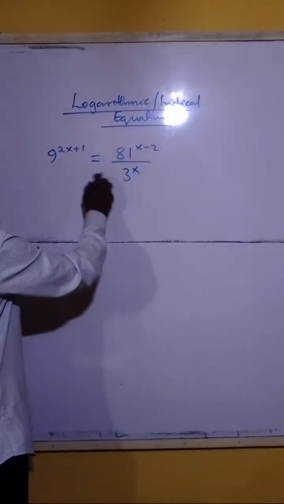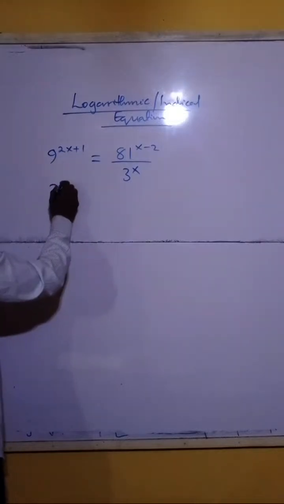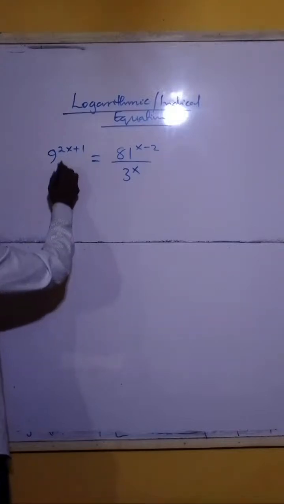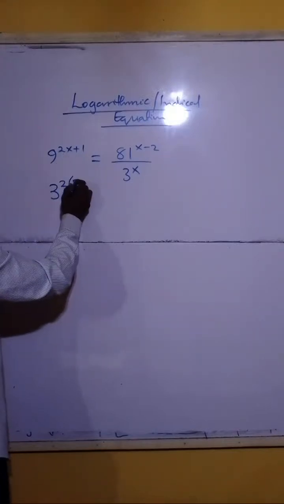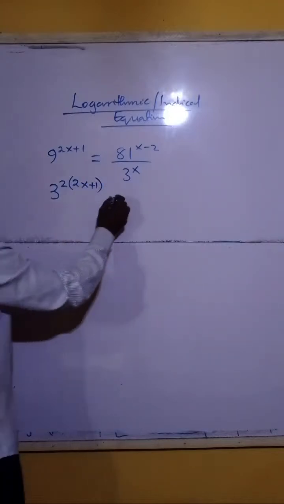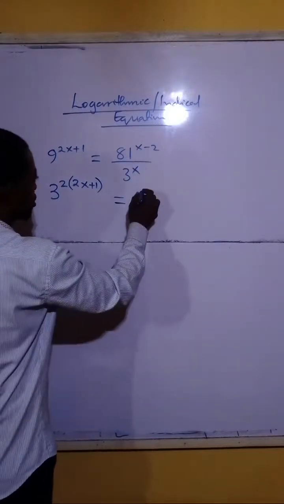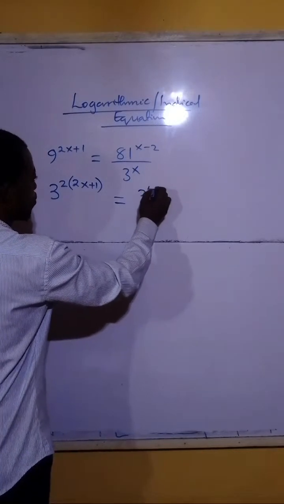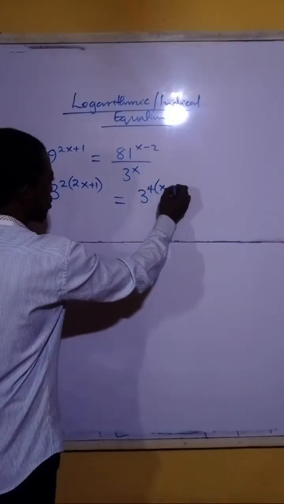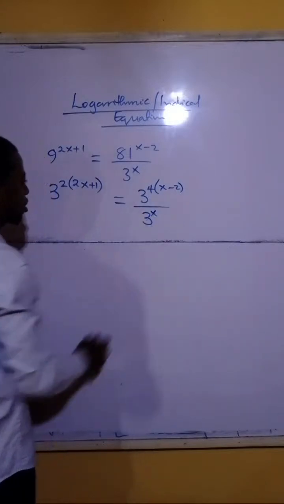The least base here will be base 3. So we can change 9 to 3 squared, which is raised to power 2x plus 1, and equals 81, which we can write as 3 raised to power 4, then into bracket x minus 2, then over 3 raised to power x.